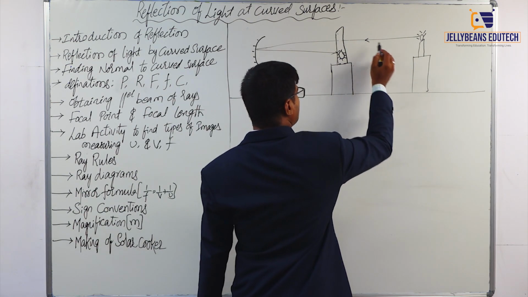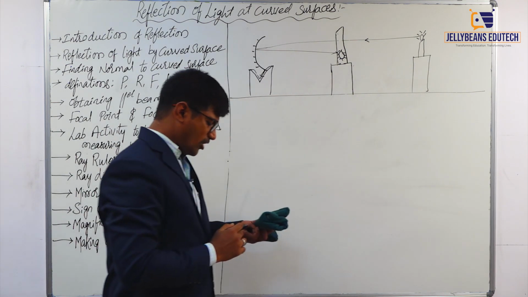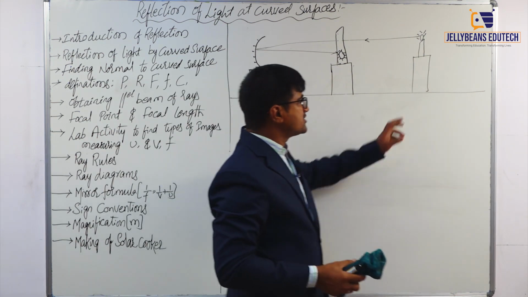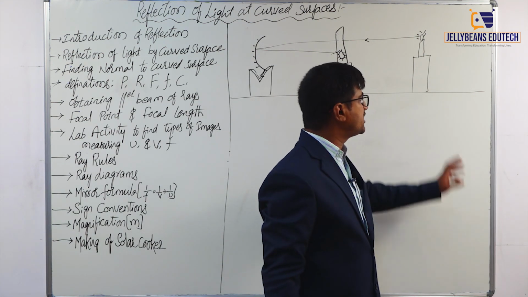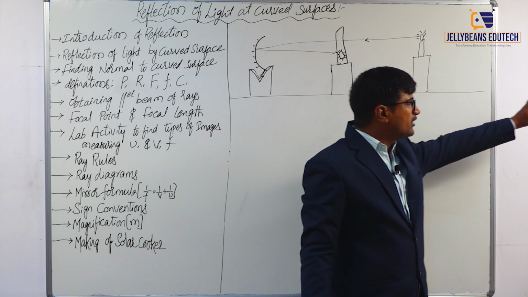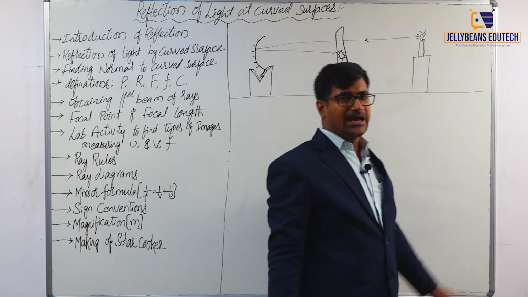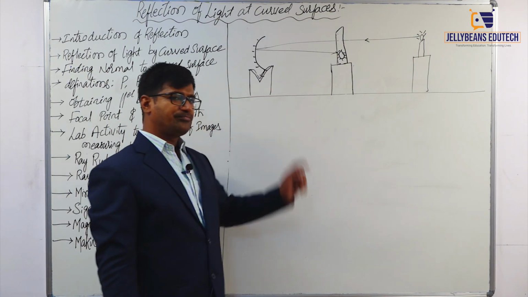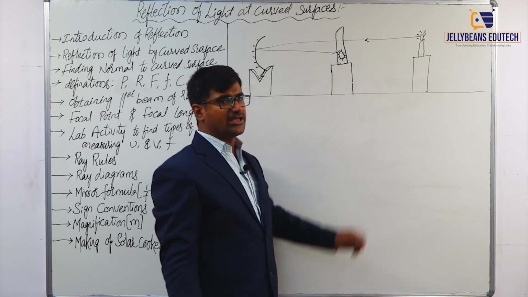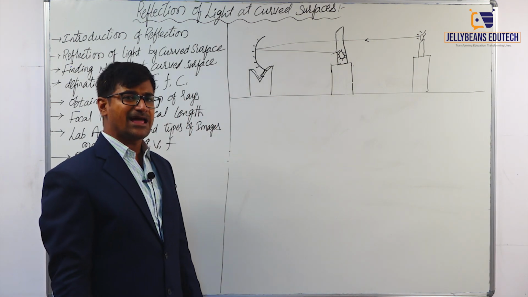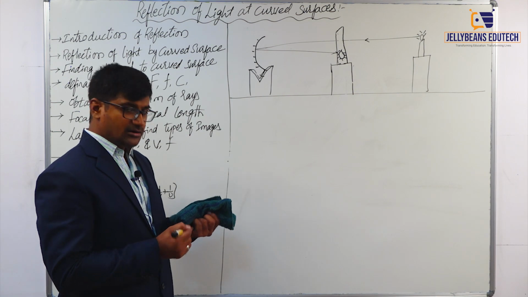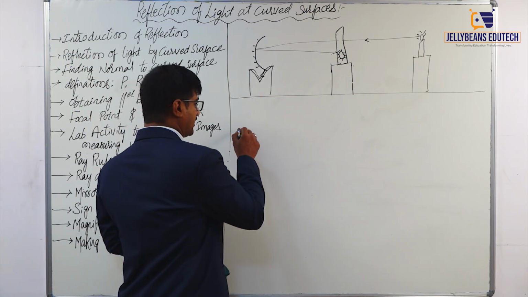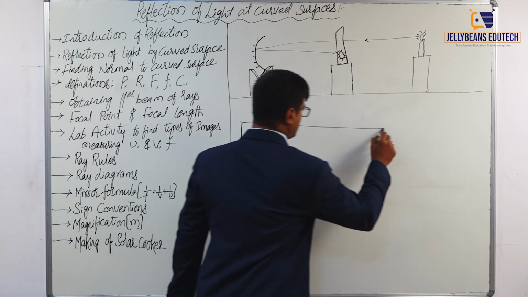See here, when we are changing the object distance, that is, changing the positions of the object, the candle. First of all we are placing the object far away from the mirror, and we are trying to capture the image, and noting the readings on the table.